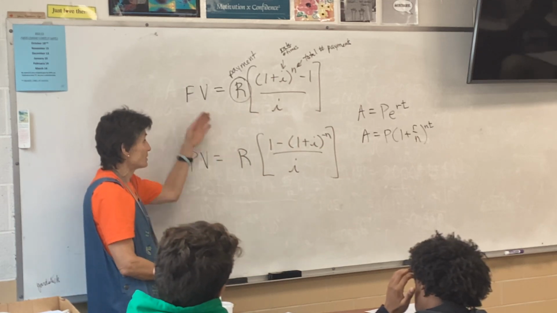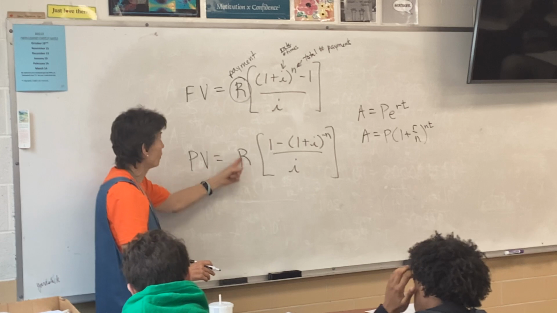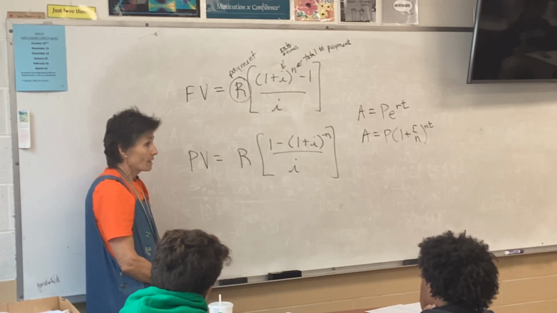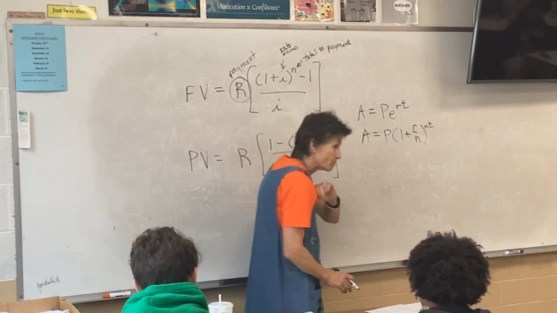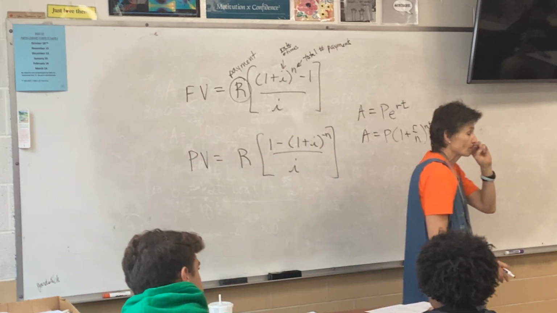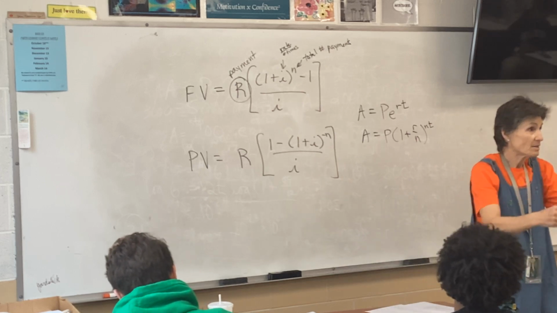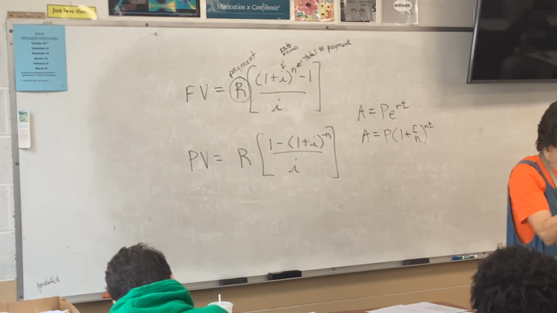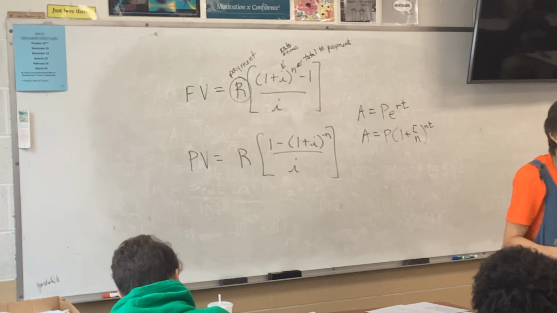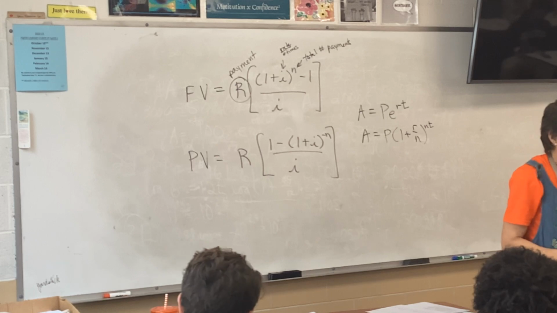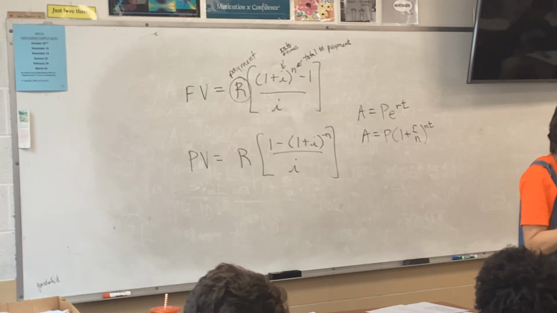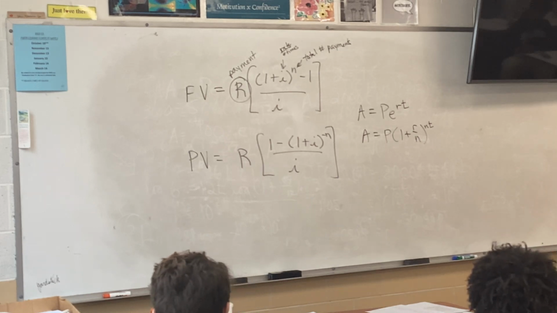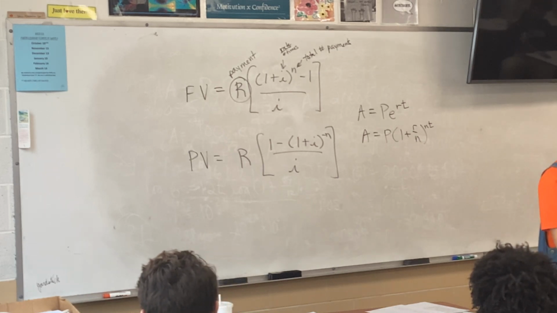All right, how do I know which of these 2 formulas to use? Because they both involve payments over a period of time. There are 2 situations where you make payments in your life. You either pay into your retirement account, saving for the future, or you have a car payment right now, in the present, you owe $5,000 for a car, and you're making a payment every month for that to go down, right?